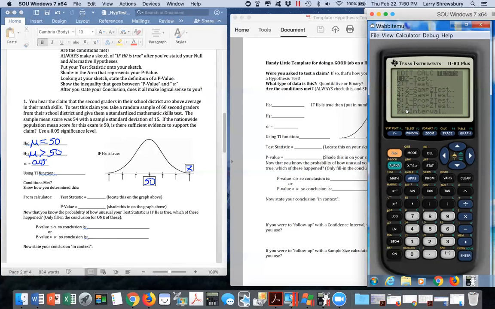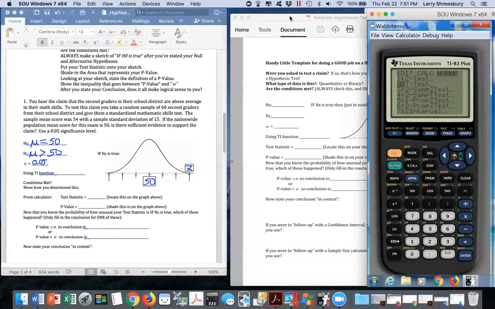That doesn't happen very often. It happens rarely. I think it might in your first homework for this week, but it's rare. Most of the time you're using t-test. So that's what we're going to use.